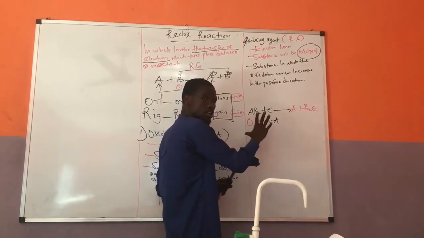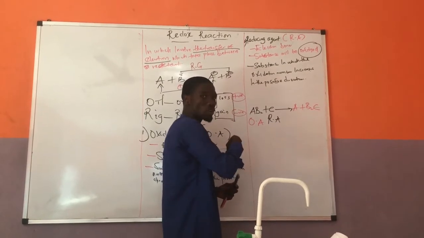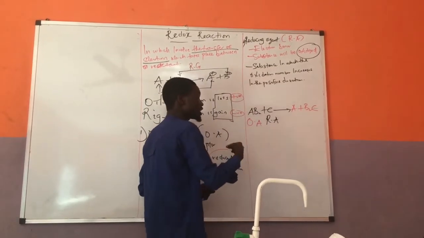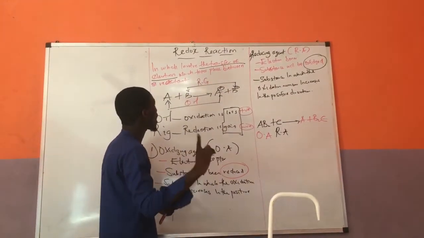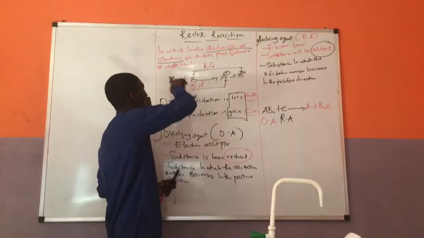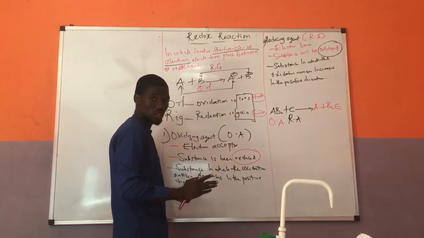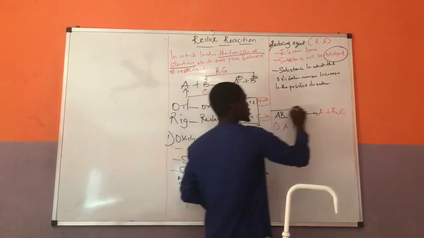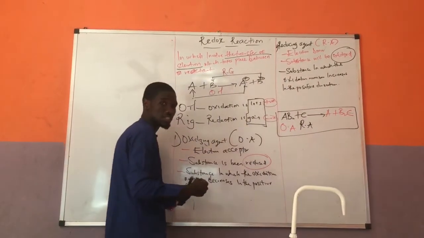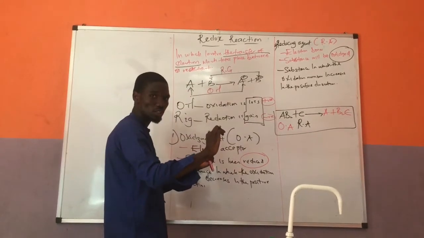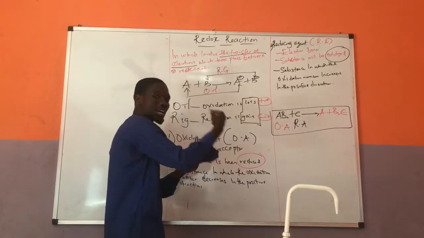Again, if we are given an equation, the way you can consider your oxidizing and reducing agent is start from the reactant side, because we lay more emphasis on the transfer of electron which takes place between the reactants. So this one here will show you that for every oxidizing agent, a substance is being reduced. That is, there is what we call electron acceptor.